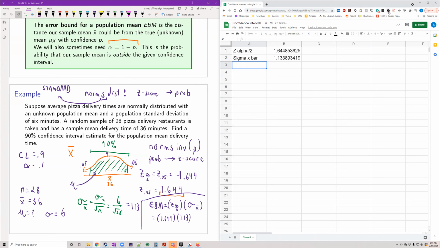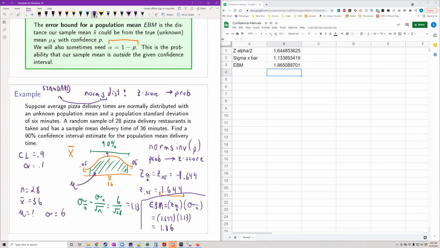So here we can get the EBM, which is equal to the z-score, the number of standard deviations, multiplied by how big a standard deviation is. So here we're getting 1.86.